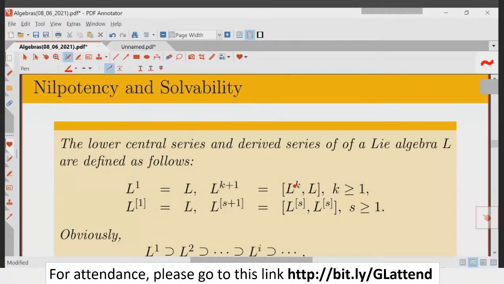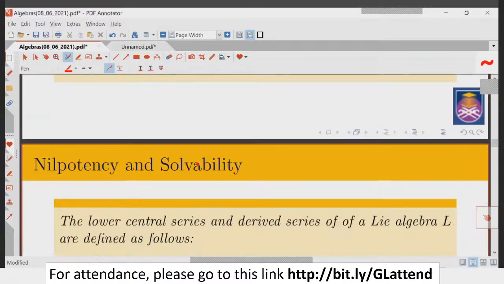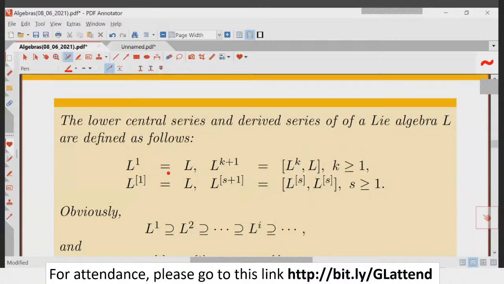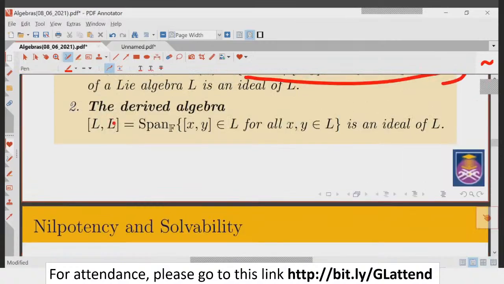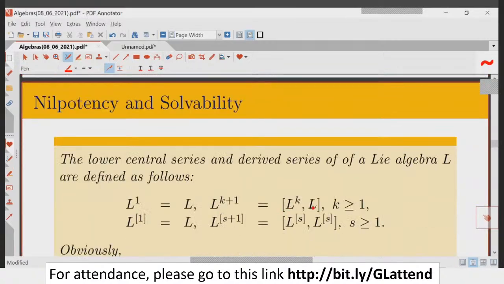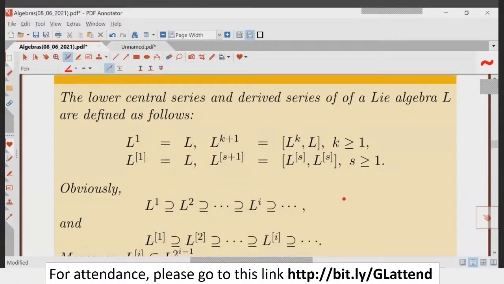If k is 2, you will get this, and you should multiply it by L. If k is 3, you should multiply by L again, etc. As a result, you will get such a series of ideals. If this is an ideal, then this also is an ideal, you can see. Another series of ideals is given by this rule.